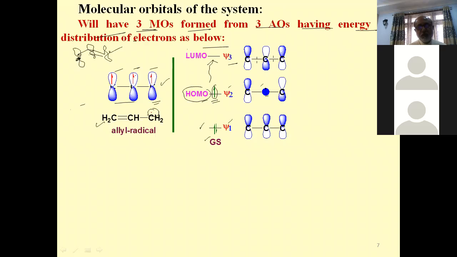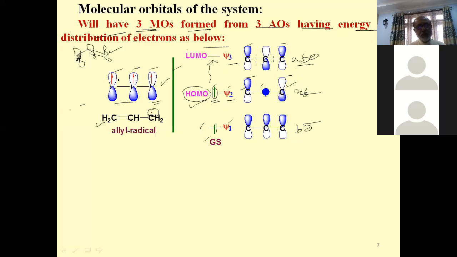This is a p orbital perpendicular to these 2 orbitals, so there is no overlapping here. We call it a non-bonding orbital. This is the bonding orbital, and this is the anti-bonding orbital. But these terms are not useful for us. The useful terms are HOMO and LUMO. So what we see is that in the ground state the terminal lobes are antisymmetric, but under photochemical conditions the terminal lobes are going to be symmetric.